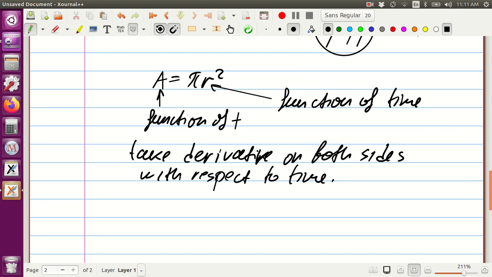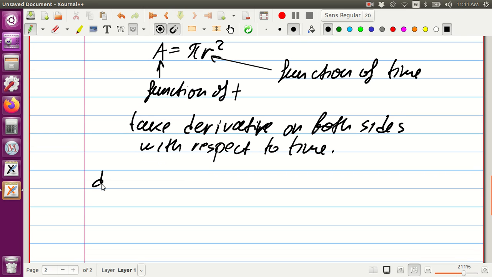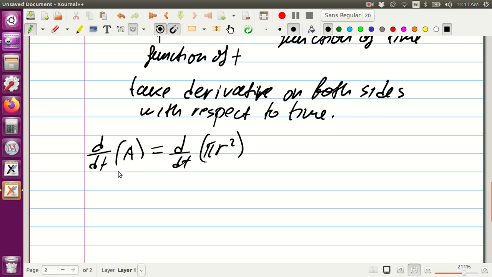So let's try to do this. On the left side we're gonna get the derivative of A with respect to time, and on the right side we're gonna get the derivative of pi r squared with respect to time. On the left side we can't really do much, so it's just the derivative of A with respect to time. But on the right side we can calculate the quantity. Pi is a constant, so we can move it outside of the derivative.